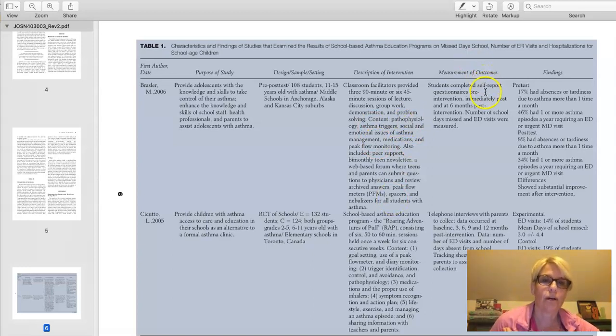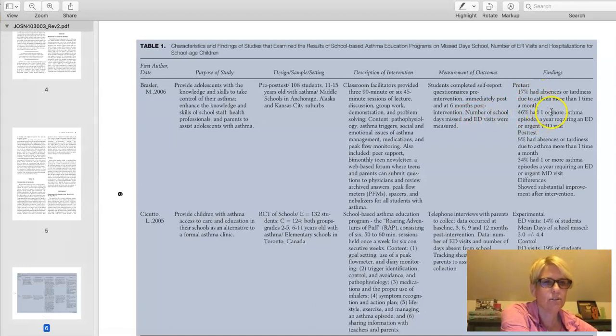The measurement of outcomes. So the students completed a self-report questionnaire that was pre-intervention, immediately post, and at 6 months. And the number of school days missed and ED visits were measured. So that gives people an idea of what and how they measured the outcomes, and then the findings.